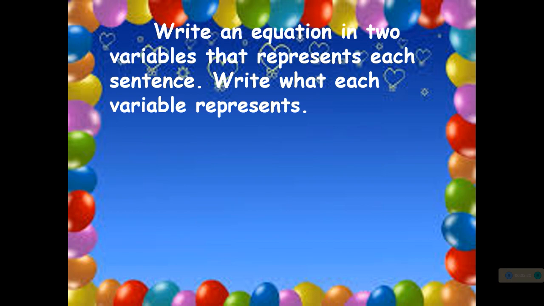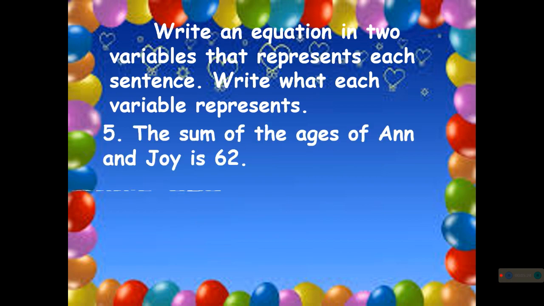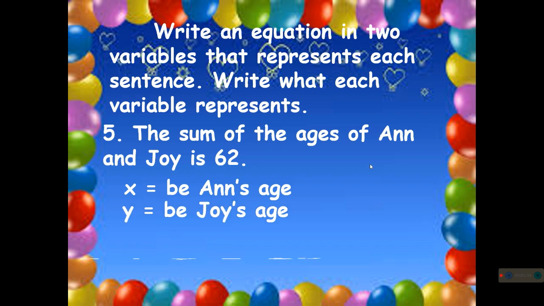Okay? So for the last one, we have the sum of the ages of Anne and Joy is 62. So for our representation, our x will be Anne's age and our y will be Joy's age. And for our equation, correct, you have x plus y equals 62.